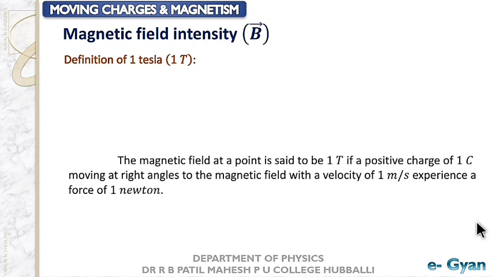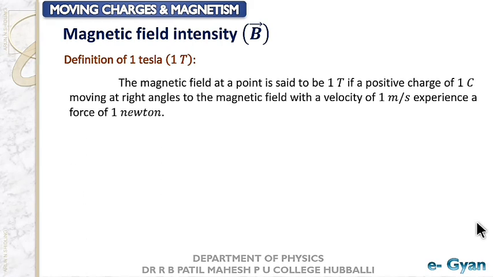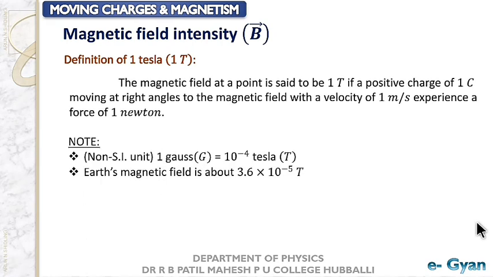Right. Here we note that Tesla is a huge unit to measure the magnetic field, so a smaller non-SI unit is taken most of the time. That is Gauss. 1 Gauss is equal to 10 raised to minus 4 Tesla.